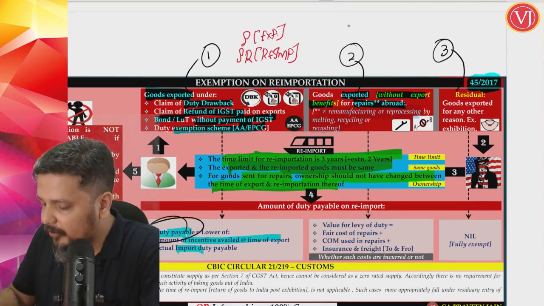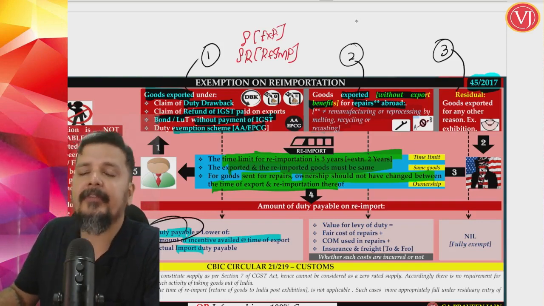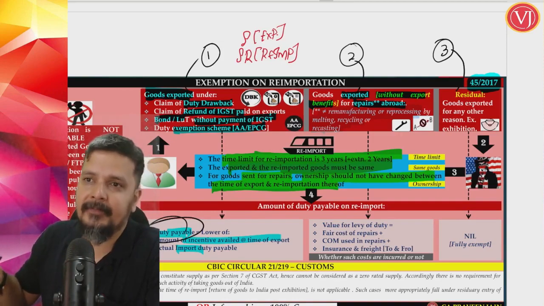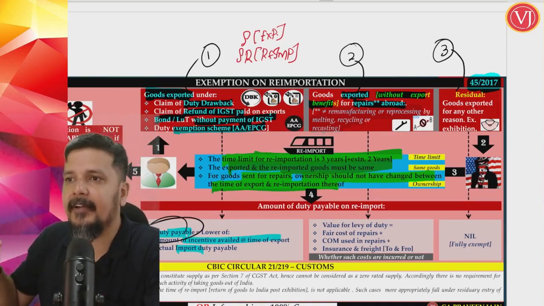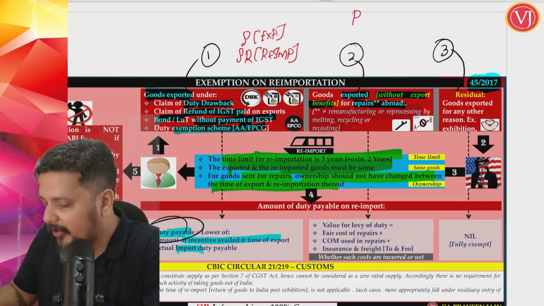In the second situation, initially there was import. A very important point that ICAI has asked repeatedly, the second part. In the entire chapter, if I were to tell what is the most important area, it is the second point here. So what has happened? You have purchased the goods and imported them into India.